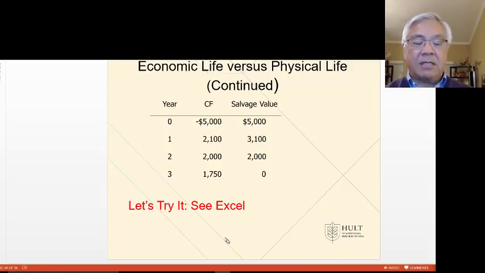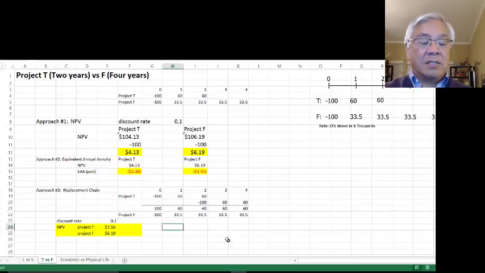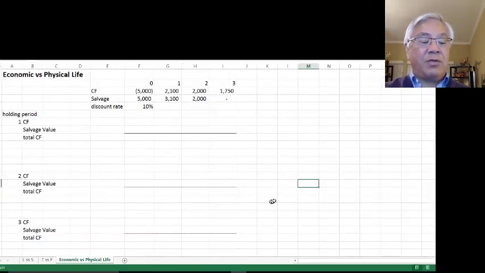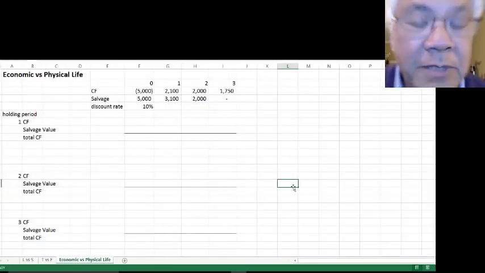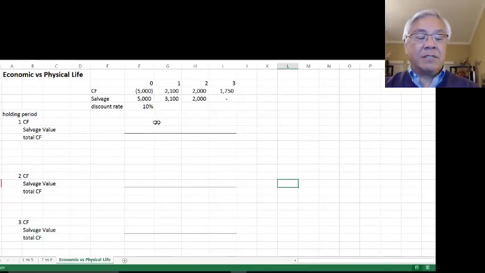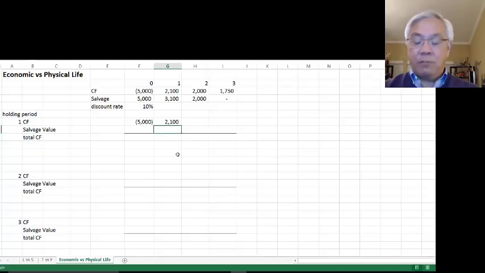So now we're going to subject this to a little bit more scrutiny and analysis using net present values. So what we see is that we have some scenarios. So we have a scenario where we hold it for 1 year, and let's do the cash flows. So the cash flows for year 1 would look like this. We have to pay for it and get 1 year, and then at the end of year 1 we get money.